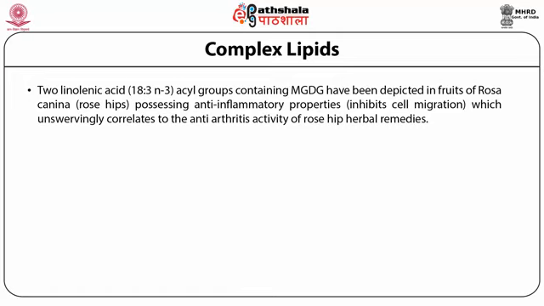Monogalactosyl diacylglycerol containing two linolenic acyl groups has been depicted in fruits of Rosa canina, popularly known as rose hips, possessing anti-inflammatory properties. These inhibit cell migration, which correlates to the anti-arthritis activity of rose hip herbal remedies.